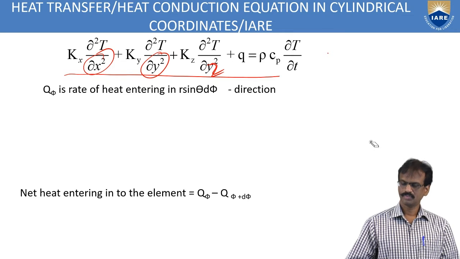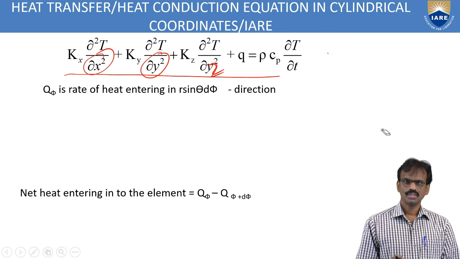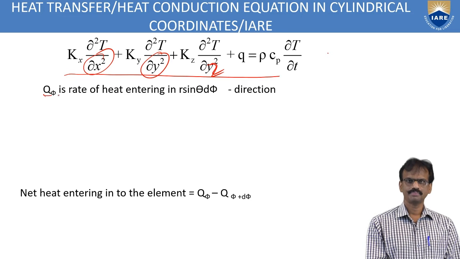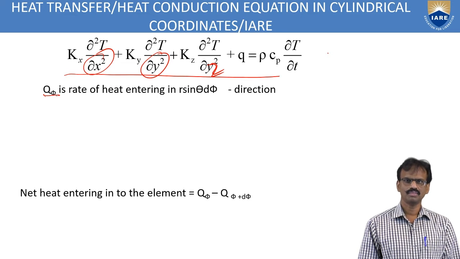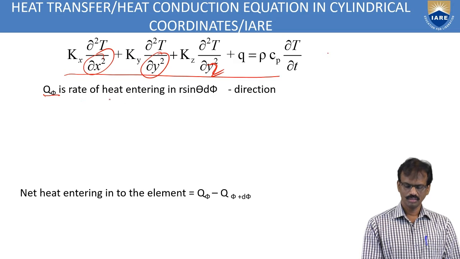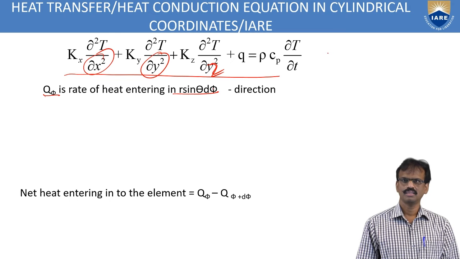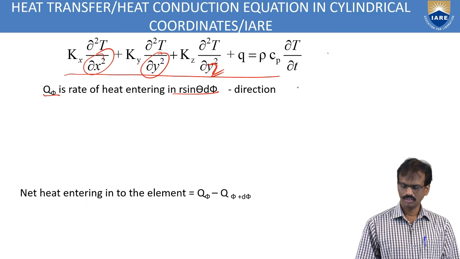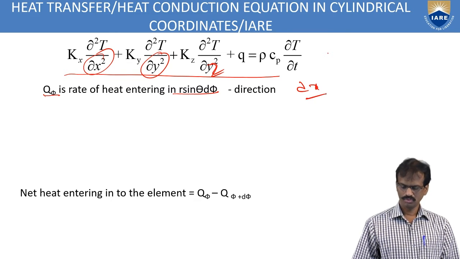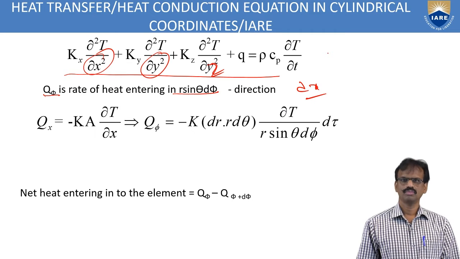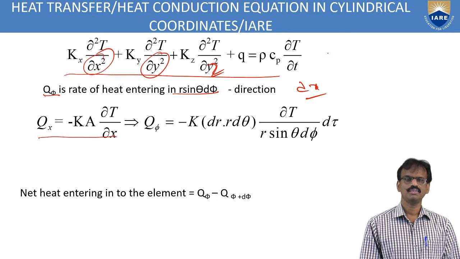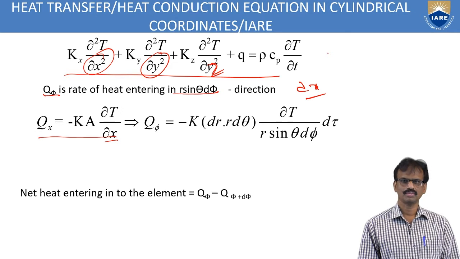First, we will see q phi, the rate of heat transfer with respect to phi, just like with respect to the surface dx. According to the first equation, qx is equal to minus k dT by dx, or del T by del x.